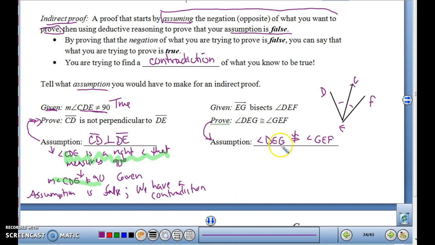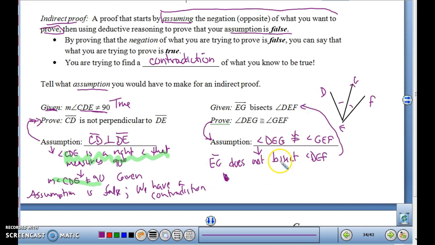If DEG is not congruent to GEF, could this be bisected? Based on that assumption, EG would not bisect angle DEF. But we know that it really does.